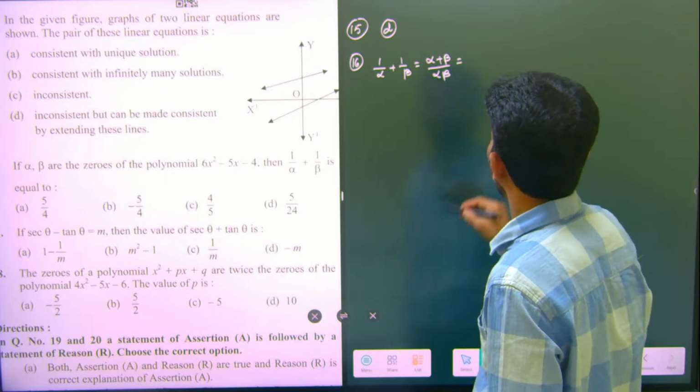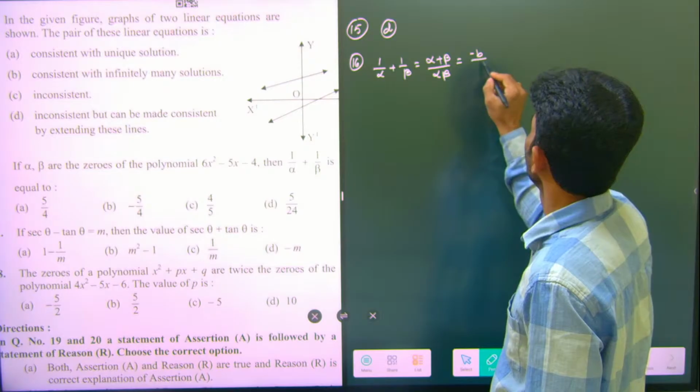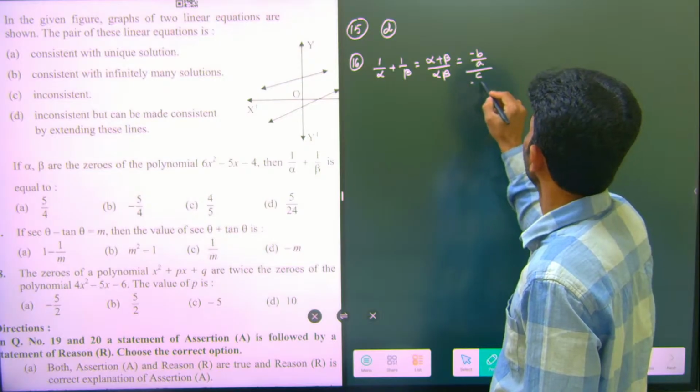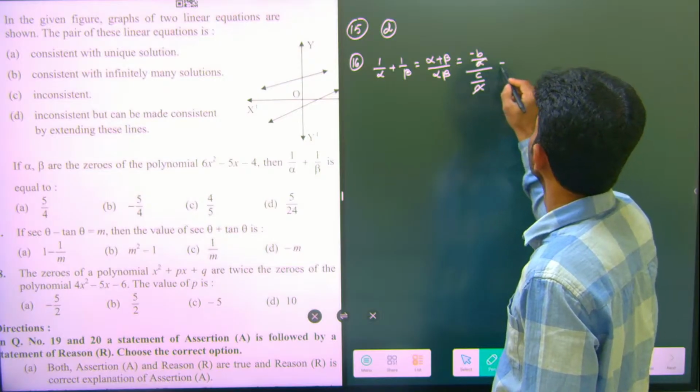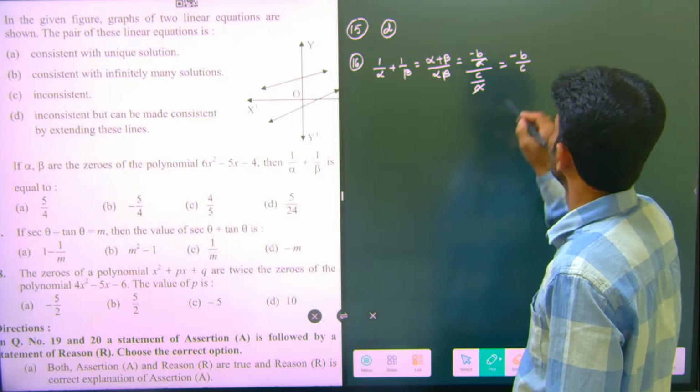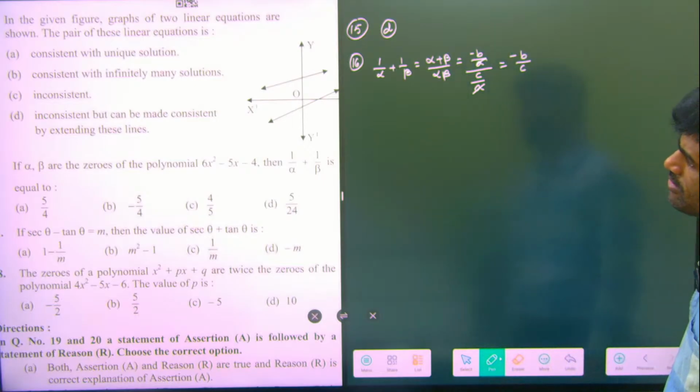Then alpha plus beta is minus b by a, and alpha into beta is c by a. The result is going to be minus b by c. What is minus b by c?